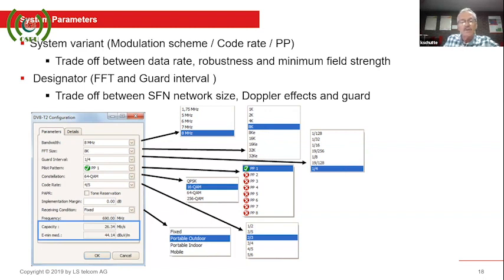And typically in doing a national plan, we will go for the largest guard interval of maybe around about 1/4. And that should, with T2, give you 159 kilometers distance before the transmitters will start experiencing interference.